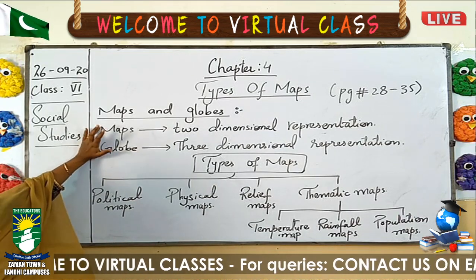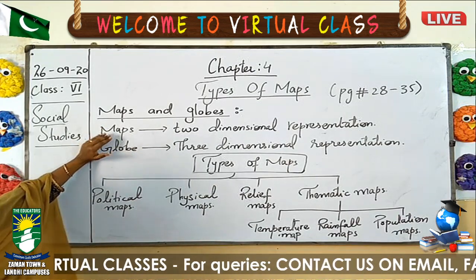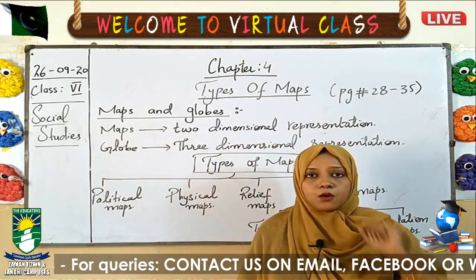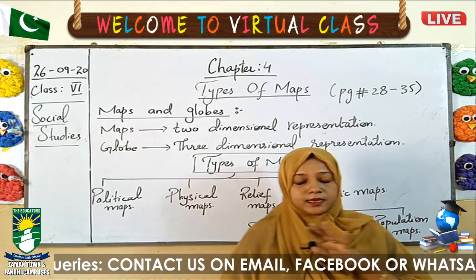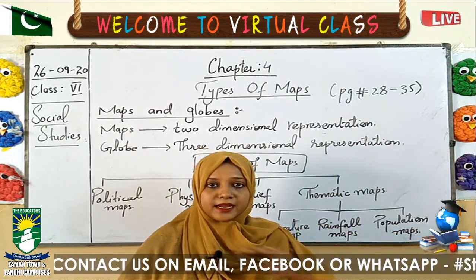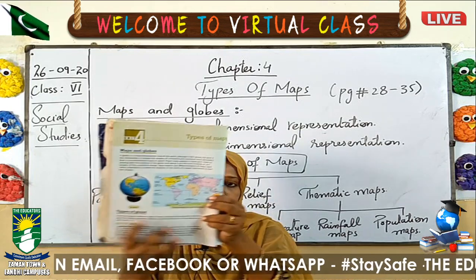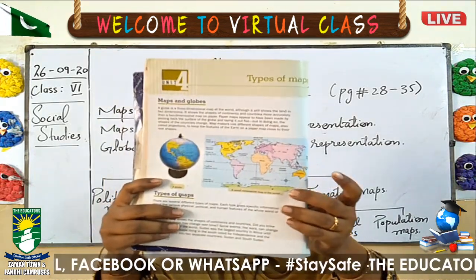What is the difference between the globe and the map? Maps are the two-dimensional representation of the surface of the earth, that I can say the flat representation on a piece of paper. As you can see, this is the map.